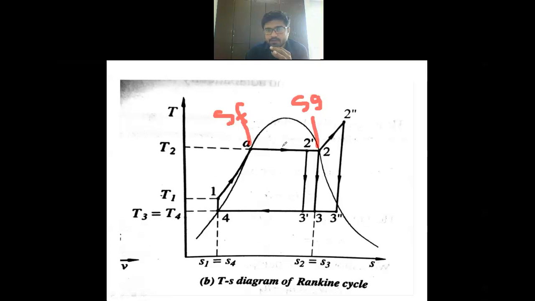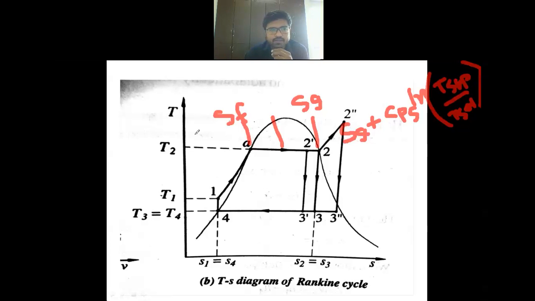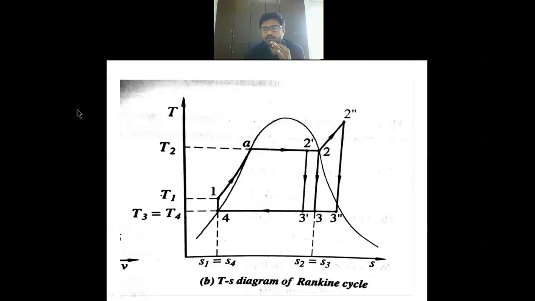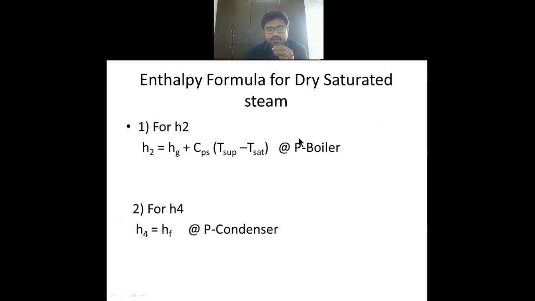If our point is in between, sf plus x sfg, and if the point is outside of this dome, then our formula will be sg plus Cps ln of T superheated divided by T saturated. Clear? I am just clearing your doubt that these formulas are simple to remember. You just should know the basics. Clear?